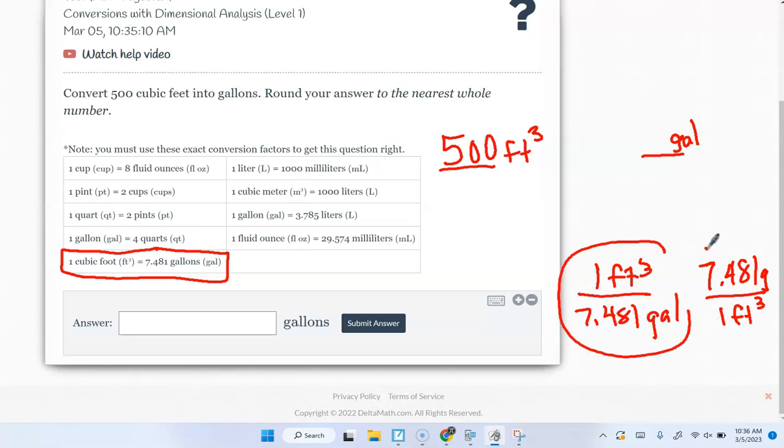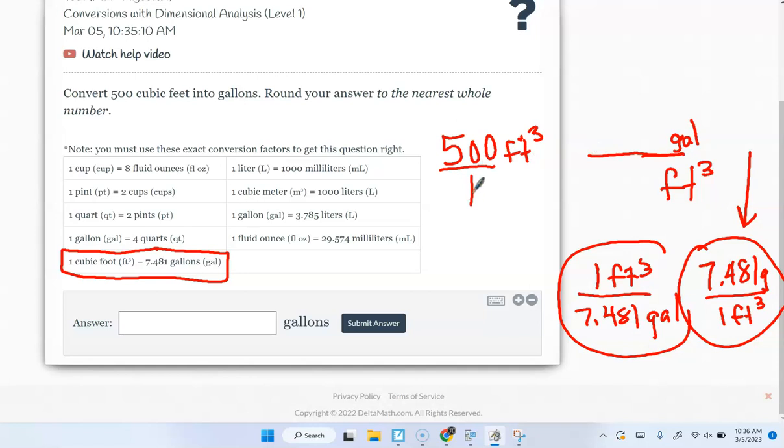So there are two ways you can write your fraction, and you need to decide which one of those fractions you want. Now, because I have feet cubed in my numerator, the only way for it to go away is to have feet cubed in the denominator. So that means I want feet cubed in the denominator and gallons in the numerator, which is this fraction here.